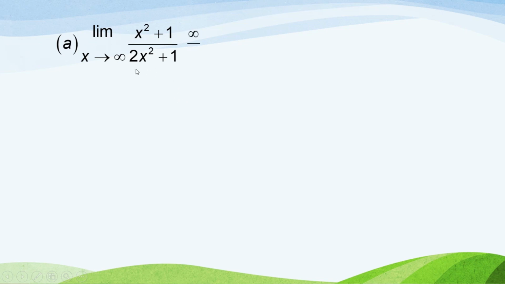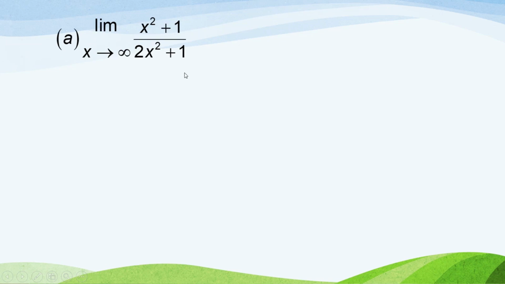For the denominator, we also substitute infinity for x. 2 times infinity squared plus 1, the answer is infinity. So we must divide the function by the highest power of the denominator.